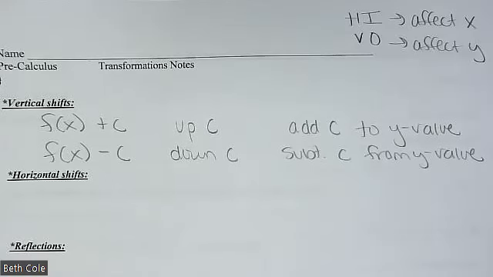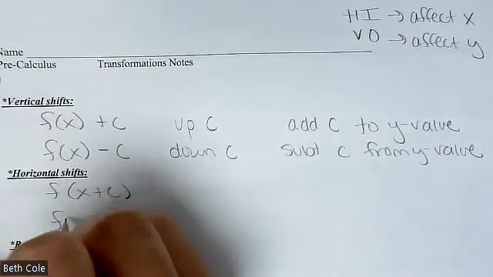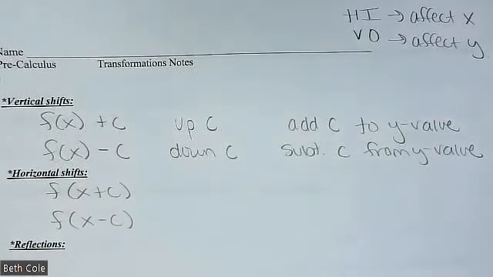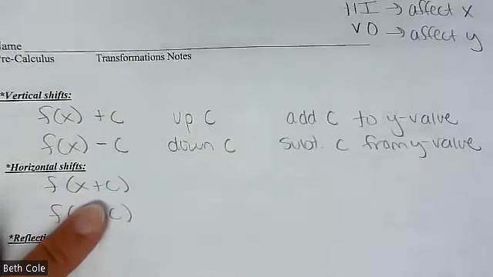Horizontal is going to be inside, and those ones are kind of backwards, okay? So you can have X plus C inside the function or X minus C inside the function, but those ones are kind of opposite of what your intuition would tell you. So the plus C is going to move you, what direction?